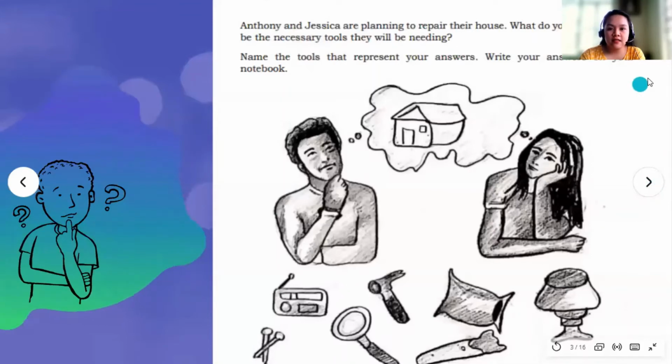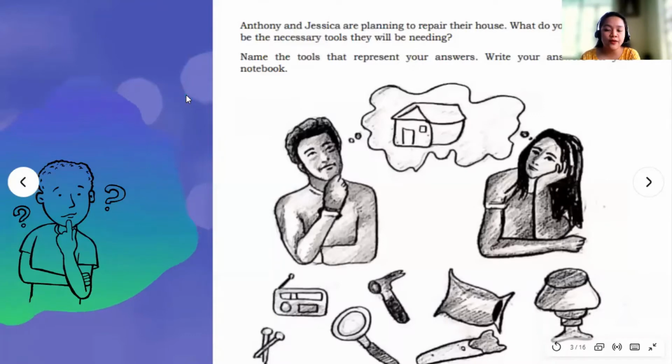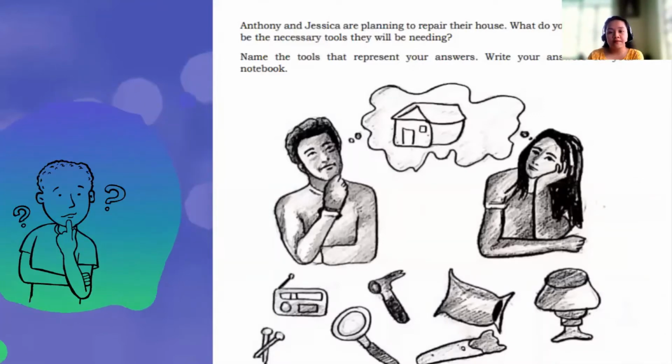So, let's see this chart, I guess. Anthony and Jessica are planning to repair their house. What do you think should be the necessary tool they will be needing? Name the tools that represent your answer. Write your answer on your notebook, but you don't have notebook right now. I'm currently discussing, so I'm going to answer these questions. So, si Anthony and Jessica is planning to repair a house. That is the research topic. Diba? To repair a house.